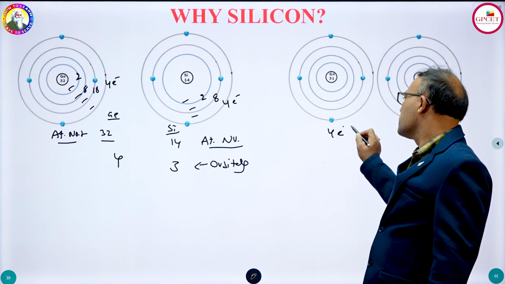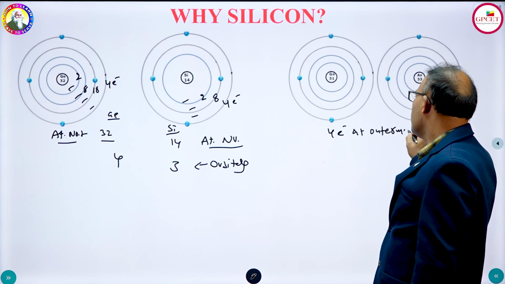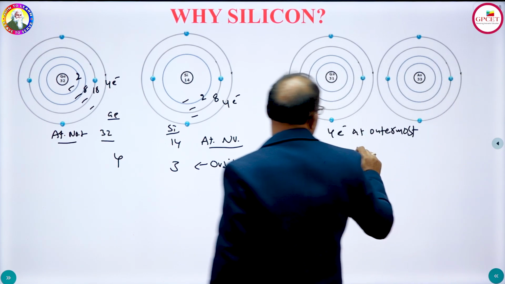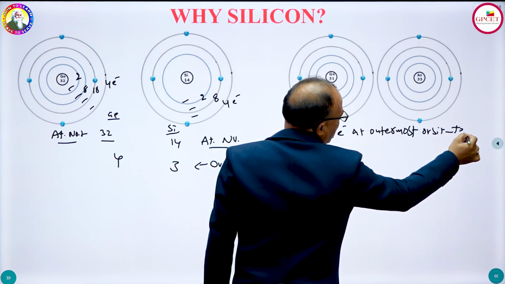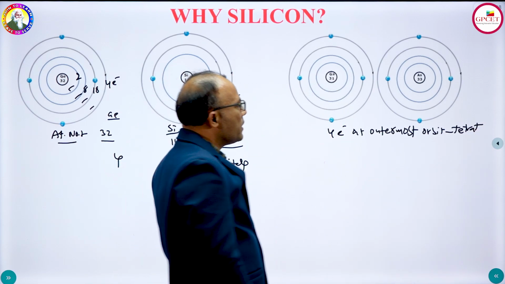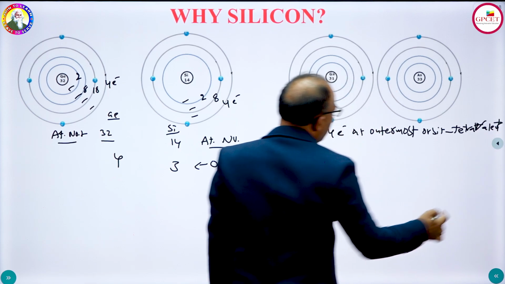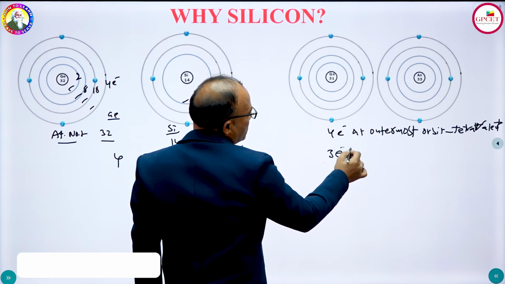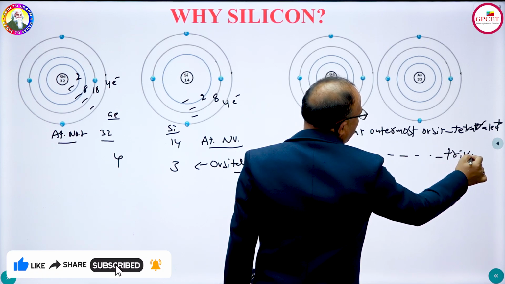If there are 4 electrons at the outermost orbit, then it is called a tetravalent atom. Similarly, if there are 3 electrons at the outermost orbit, then it is called a trivalent atom.